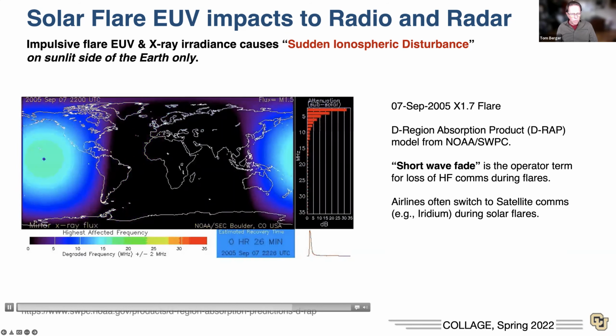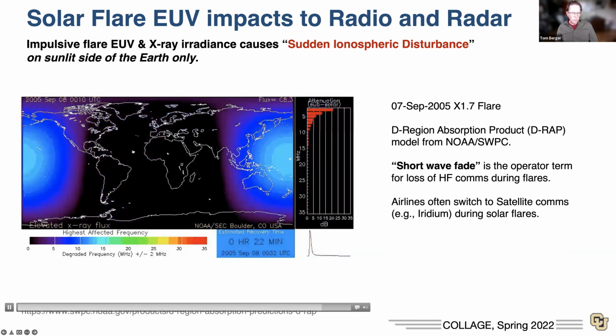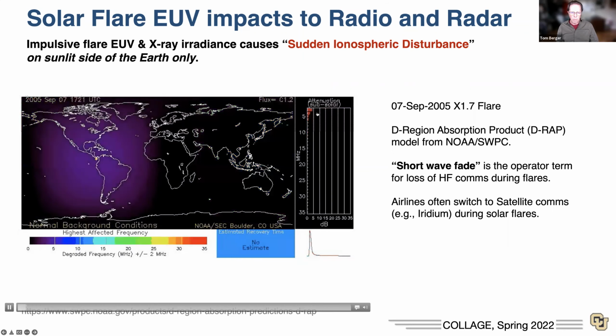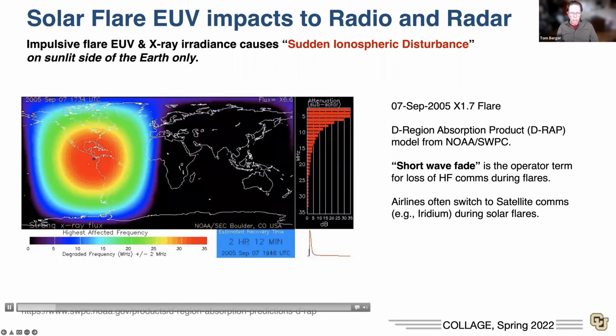And what this movie is showing, when you saw the big red oval in the middle there, that's the subsolar point during an X1.7 flare, causing absorption of everything up to about 20 megahertz, and especially down below 20 megahertz. We play it again.